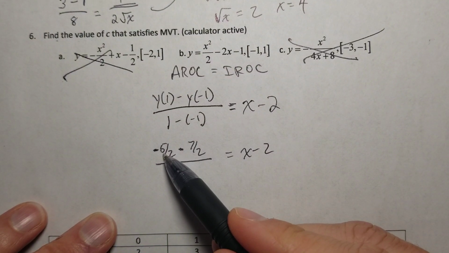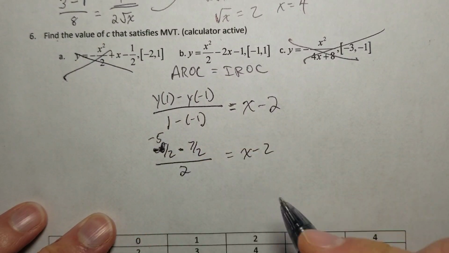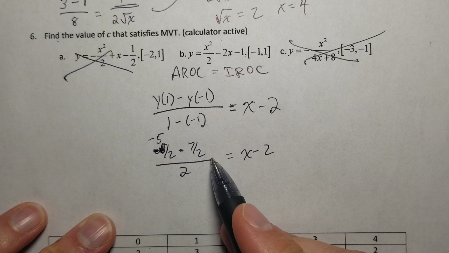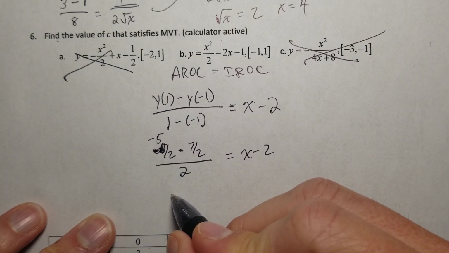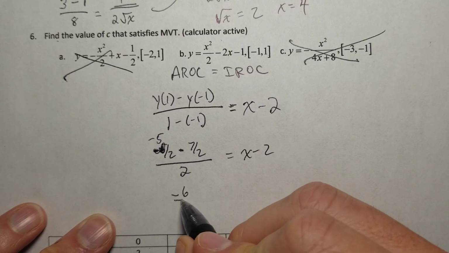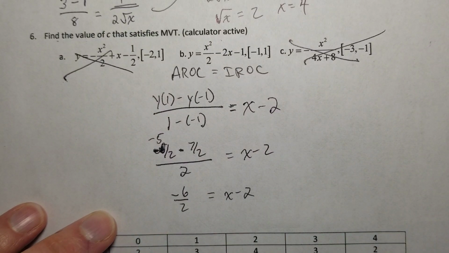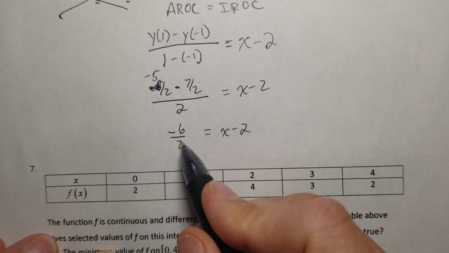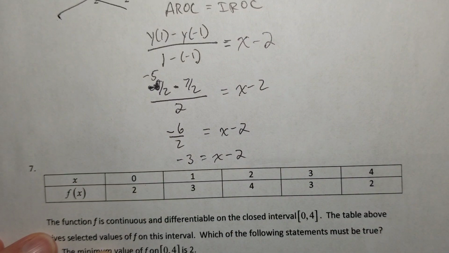And -5/2, that's a 5. -5/2 minus 7/2 is what? -12/2. And -12/2 I think is -6/2 equals x minus 2. And -6 divided by 2 is -3 equals x minus 2.